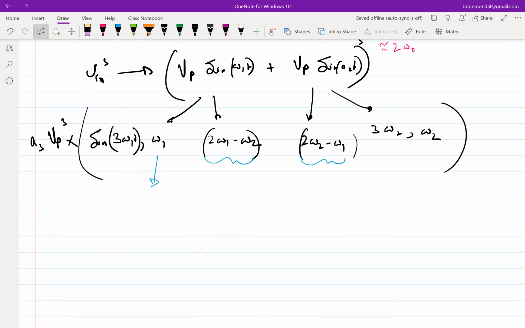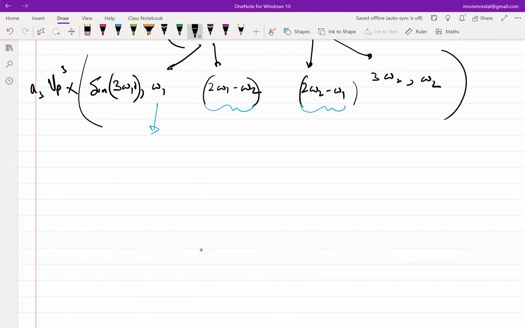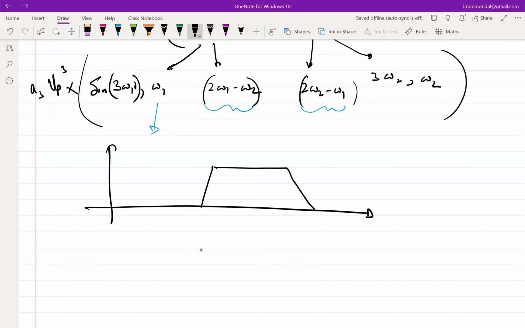So if I redraw the spectrum, this is omega 1, which is at f naught minus delta f, and this is omega 2, that is f naught plus delta f.